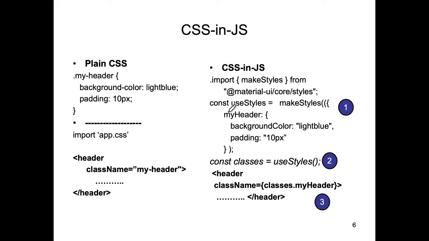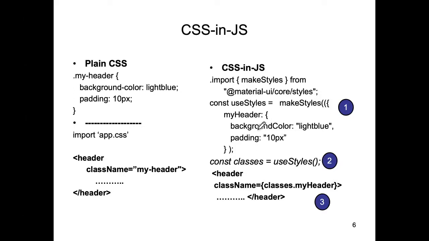Number one, you've got to use camel case for your CSS class name. So it's myHeader here with a capital H, as opposed to the hyphenated approach that you take in standard CSS. And that's mandatory. You cannot use the hyphenated naming convention over here. It has to be camel case.